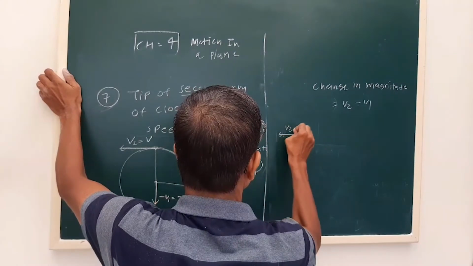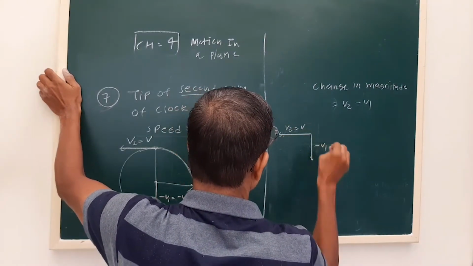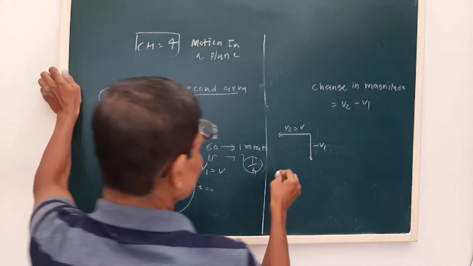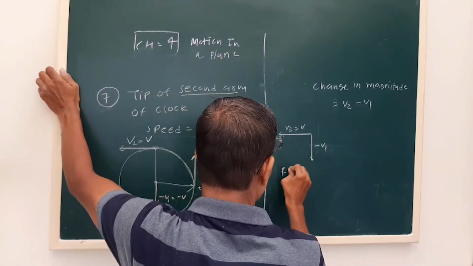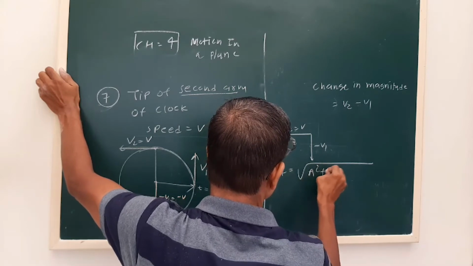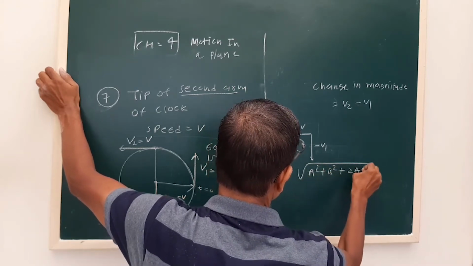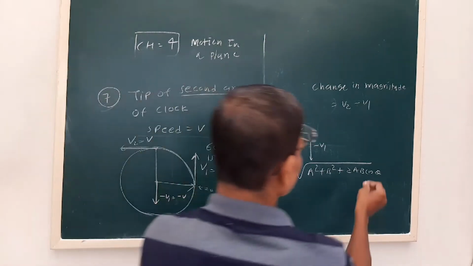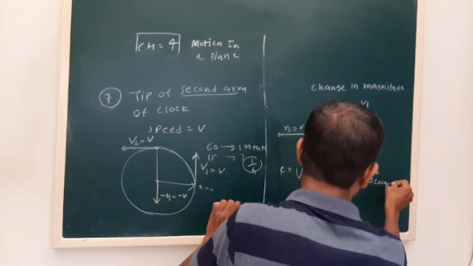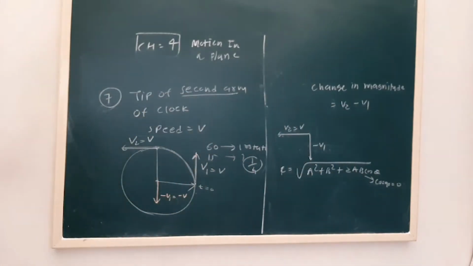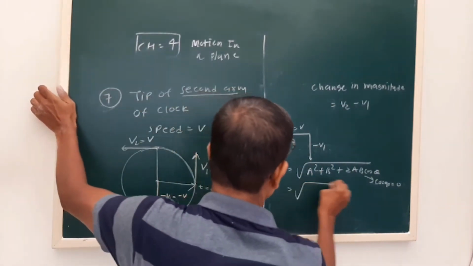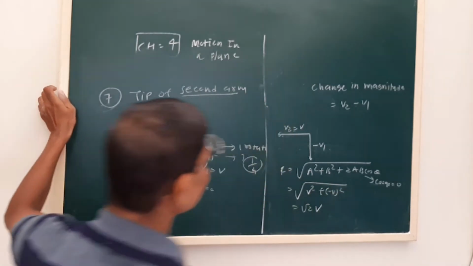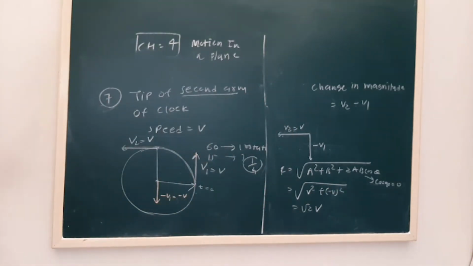This is v2 minus v1. Again they are at right angles, so theta is 90, cos 90 is 0, and it is simply Pythagoras: v square plus v square. So the magnitude of change is root 2 v.